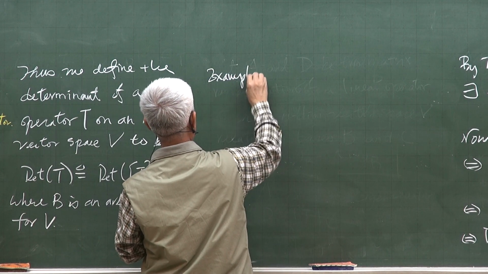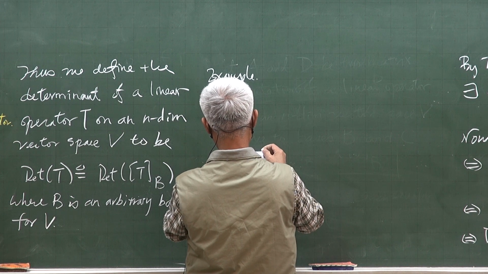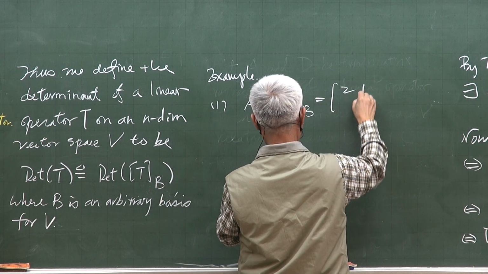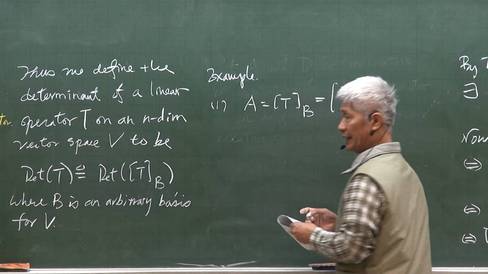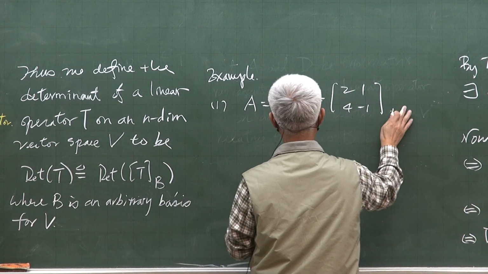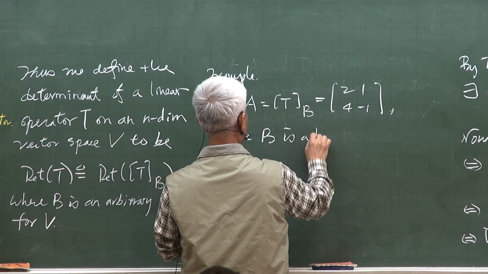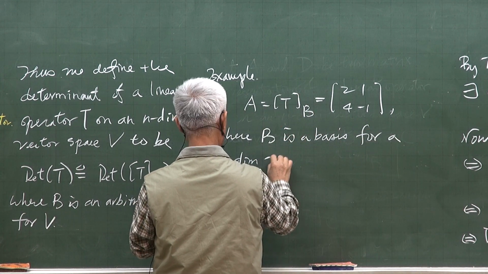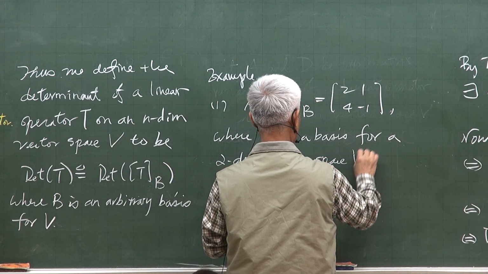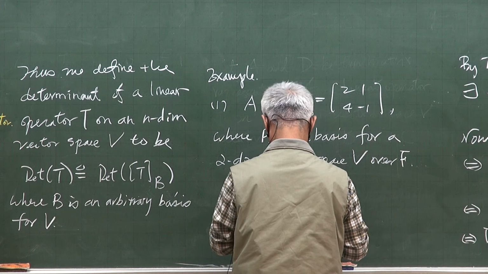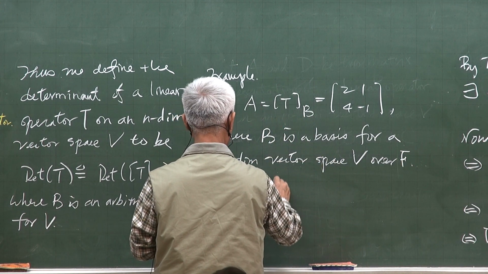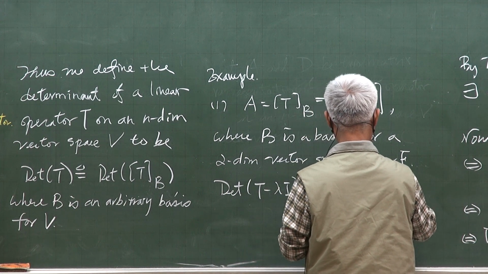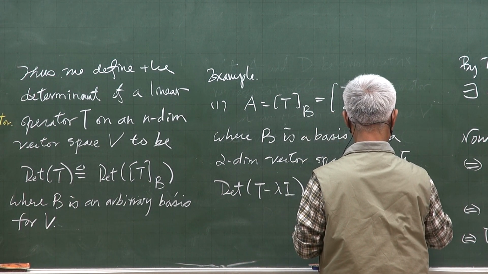Okay, let's take an example. Suppose A is a matrix representation of a linear operator T, where B is a basis for a two-dimensional vector space V over F. Then the determinant of T minus lambda I equals the determinant of A minus lambda I, 2 by 2.